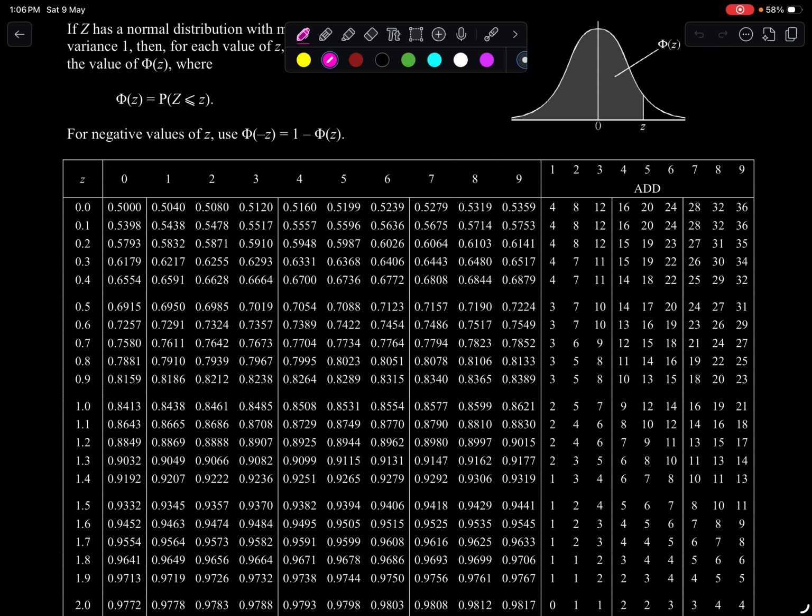See, 1.238. 1.2, check under 3, 1.23, and check the number under 8, which is 15. And make sure whatever the number you take from this column, multiply it with 0.001.